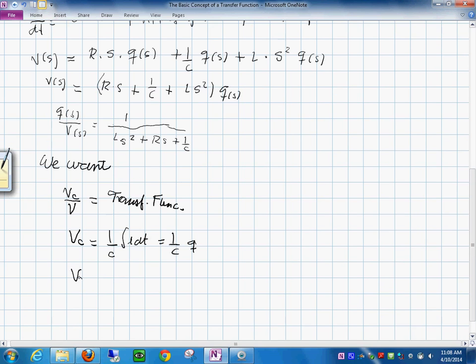So voltage C is going to be 1 over C times Q of s, and I could say this is times the transfer function 1 over L s squared plus R s plus 1 over C.